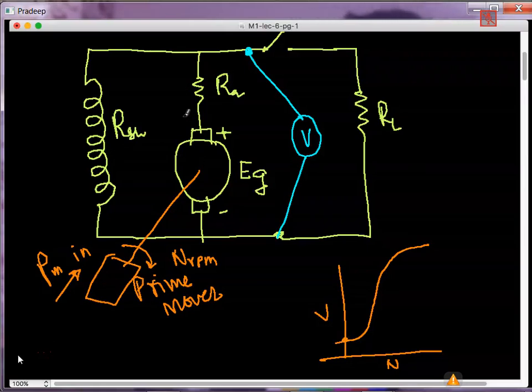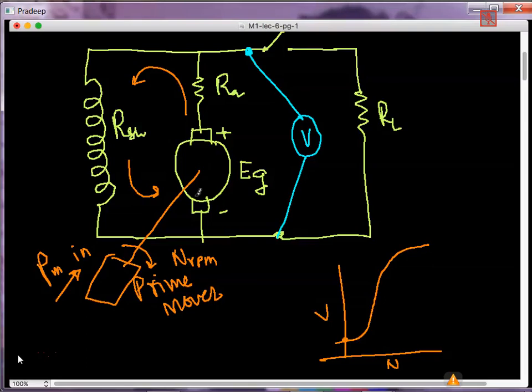That will result in some current, and that current will circulate in the field winding. The moment that initial small voltage generates an initial small current, that will go into the field winding and strengthen the magnetic field. When the magnetic field is strengthened, more EMF is generated, and that more EMF will further generate more current, and gradually you see there is an increase in the voltage. Once it picks up a certain voltage, that is the rated voltage, then I can close the switch and supply voltage to the electrical load. That way we are getting this kind of characteristic.